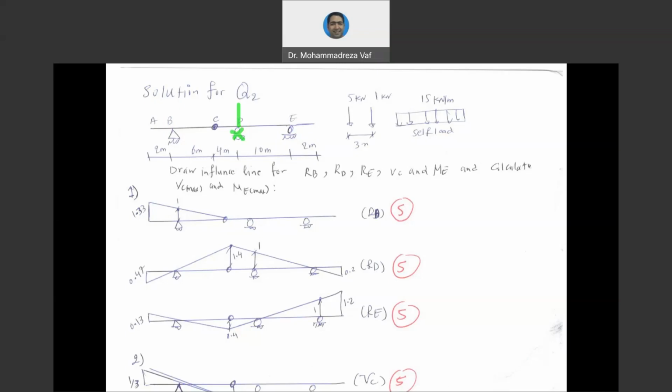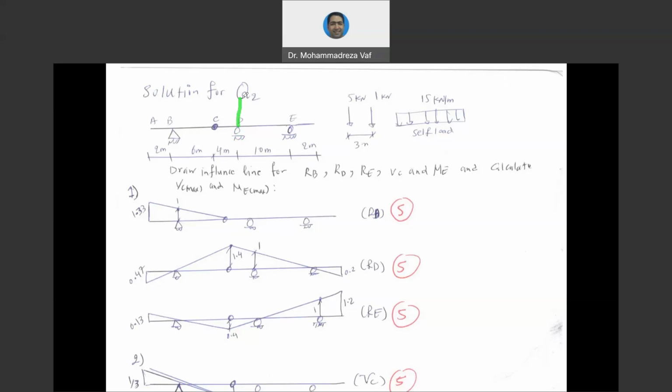So if point D is moving up, point E cannot move up because at point E we have a roller support. However, point E can easily rotate when point D is moving.